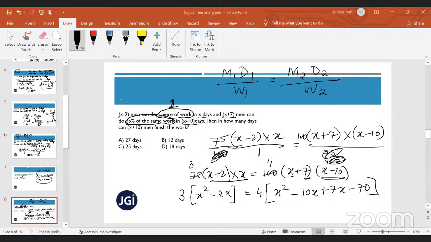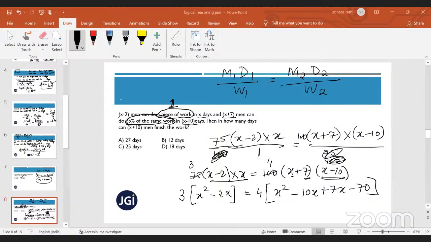Please find the value of X. X equals 20. Yes, correct, Azim.